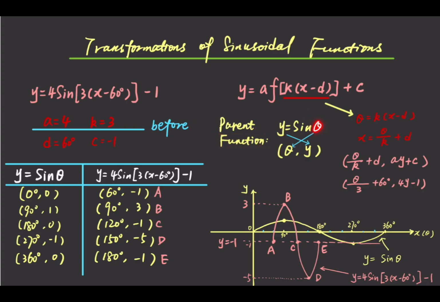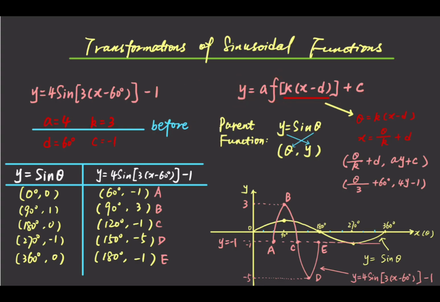Here, theta is the independent variable, y should be the dependent variable. The corresponding point on this graph should be (theta, y). Then we need to observe this transformed function, and compare this specific expression with the standard form of the transformed function.